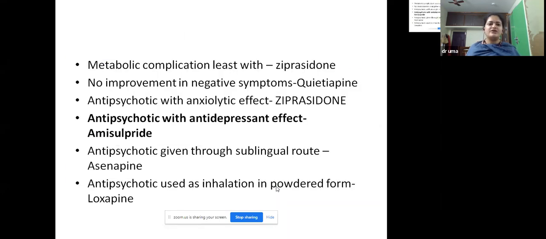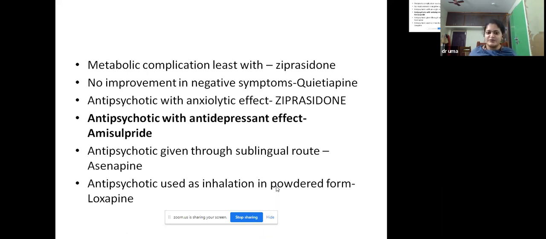The metabolic complication is least with ziprasidone. No improvement in negative symptoms is seen with quetiapine. Antipsychotic with anxiolytic effect is ziprasidone. Antipsychotic with antidepressant effect is amisulpride.